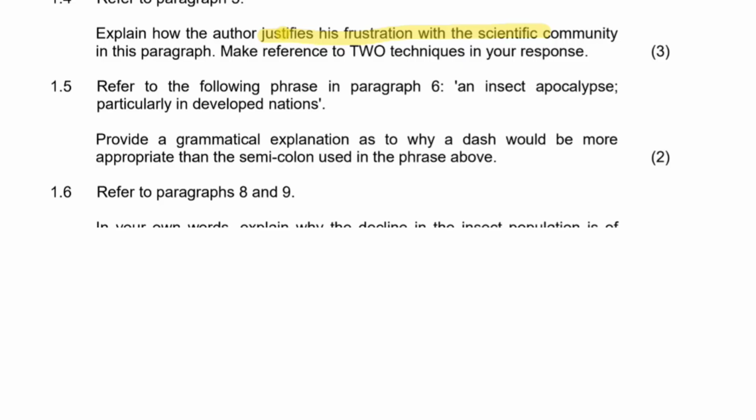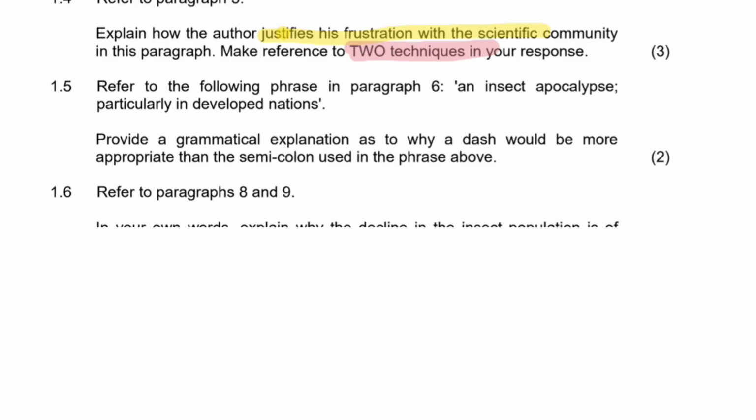The examiner wants you to use 2 language techniques. You must extract a language device. So if the author has used a rhetorical question, you must extract the rhetorical question, and then expand on that. If the author has used juxtaposition, you must extract that, explain it, and tell us how it justifies his frustrations.